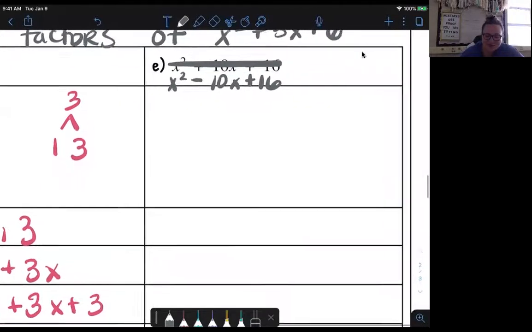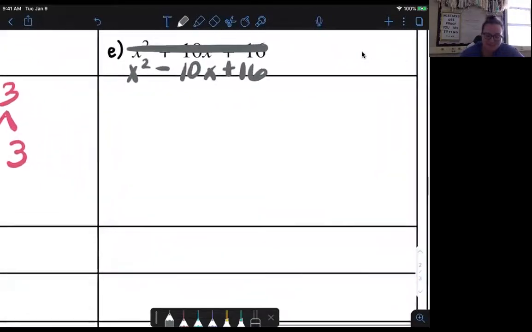Okay, so x squared minus 10x plus 16. So even though b is negative, you don't need to worry about the negatives just yet. The same if like c was negative. If c is negative, you don't let that impact your factors. You just use the positive version of the number. So 1 times 16 would be 16.